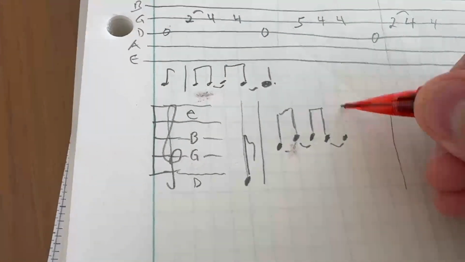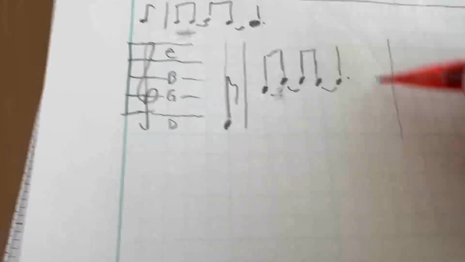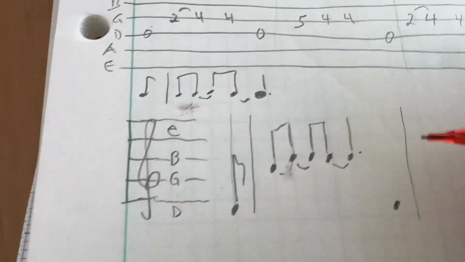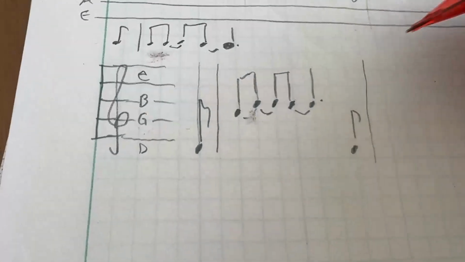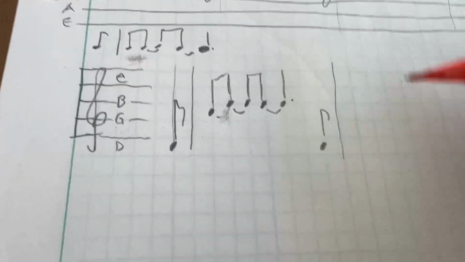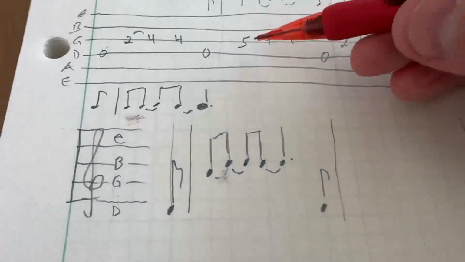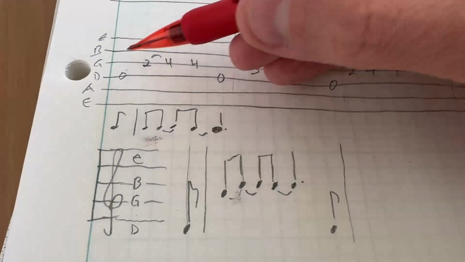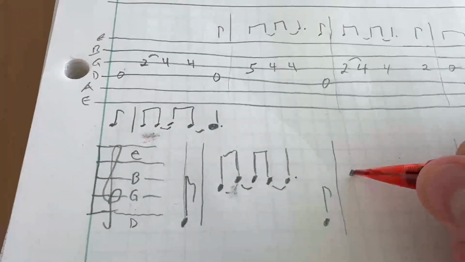And that's tied almost to the end of the bar, but then there's another pickup note, which is again on that D. And so this is 5, which is a perfect 4th above G, which is a C natural.